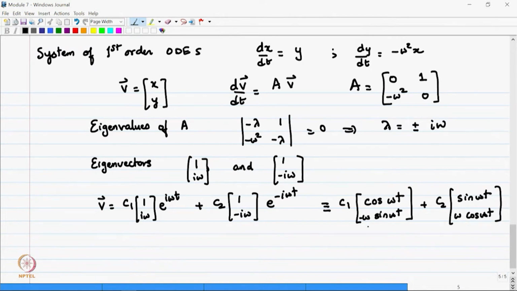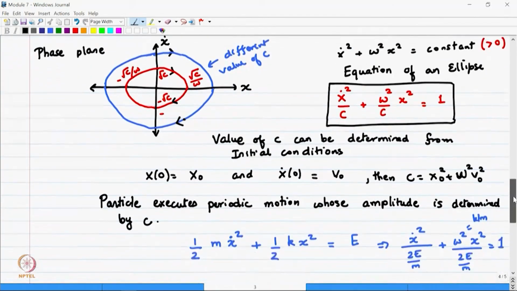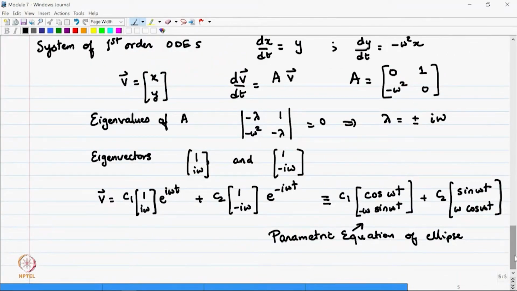What is important is that what we see here is a parametric equation of an ellipse. Okay, this is exact, and this will give you exactly this picture that we had earlier.